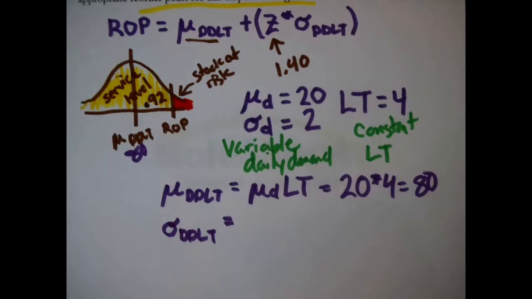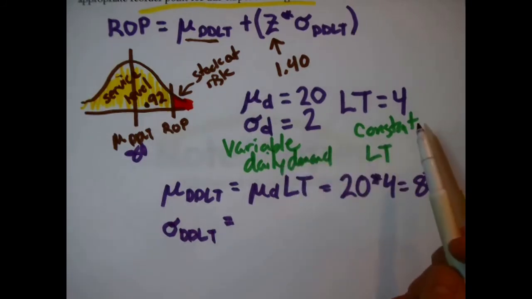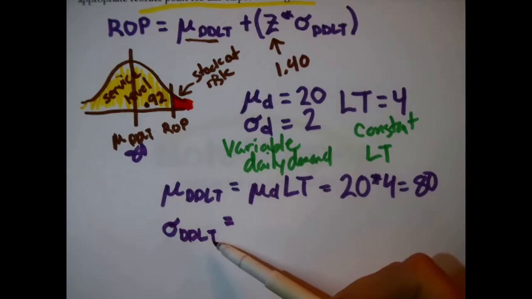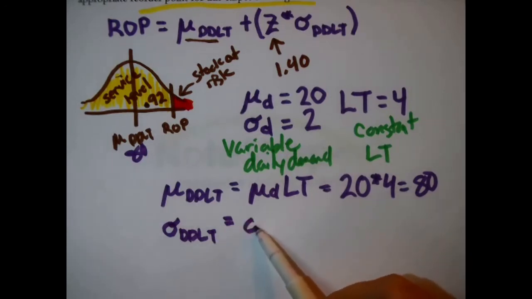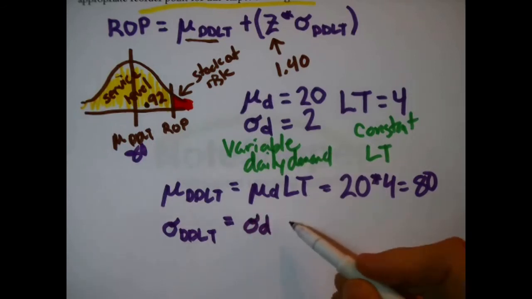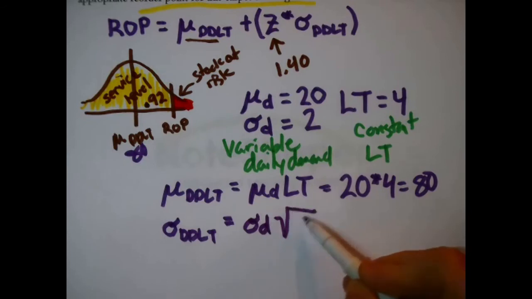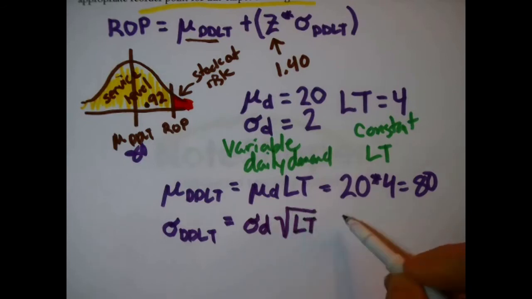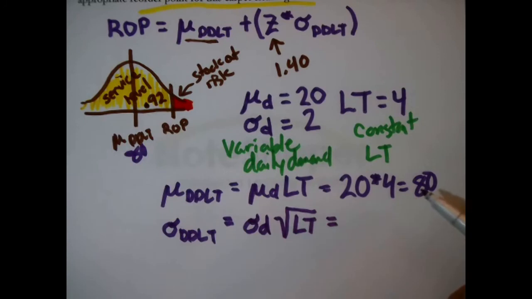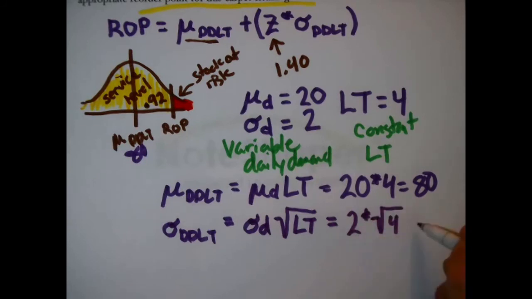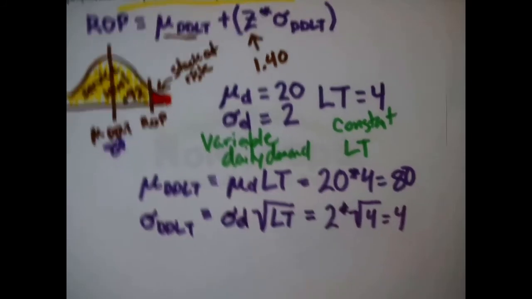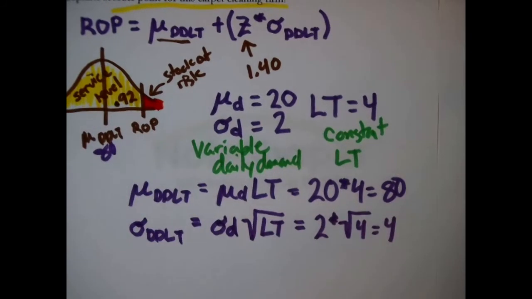In the variable demand, constant lead time case, the standard deviation in demand during lead time is determined by the standard deviation in daily demand times the square root of lead time. You have to remember that it's the square root of lead time. So what you have now is 2 times the square root of 4, or 2 times 2, or 4. That's the number that we use for our formula.